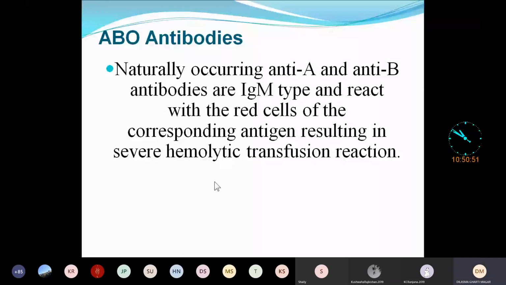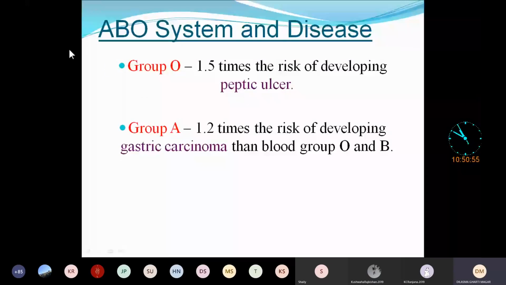Now we will come a little bit to the ABO system and disease. Here you see, persons with blood group O have 1.5 times the risk of developing peptic ulcer. Understood?